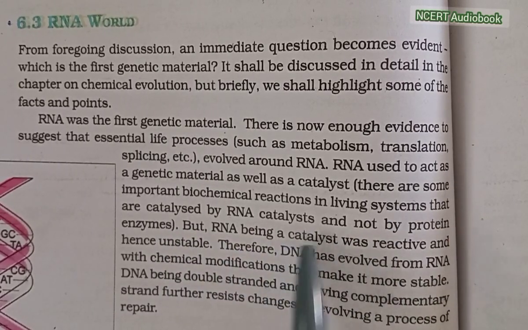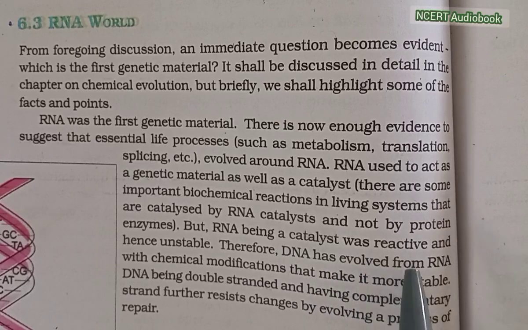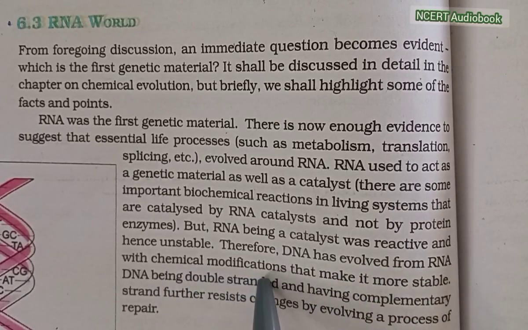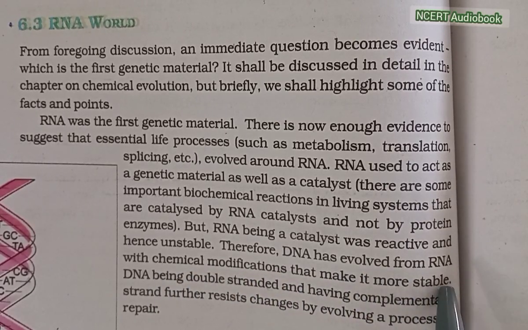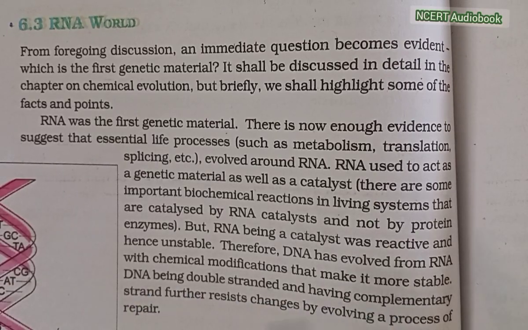But RNA, being the catalyst, was reactive and hence unstable. Therefore, DNA has evolved from RNA with chemical modifications that make it more stable. DNA, being double-stranded and having complementary strands, further resists changes by evolving the process of repair.